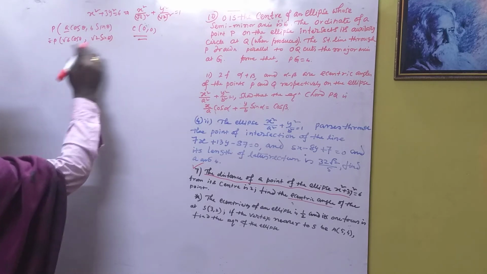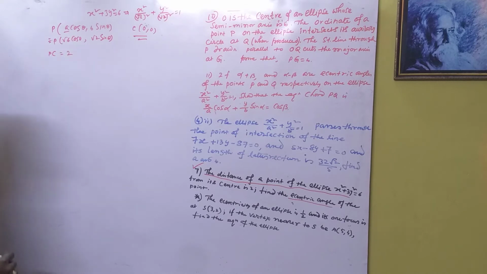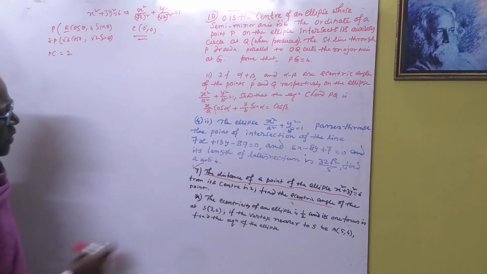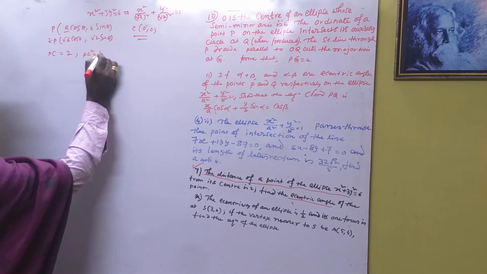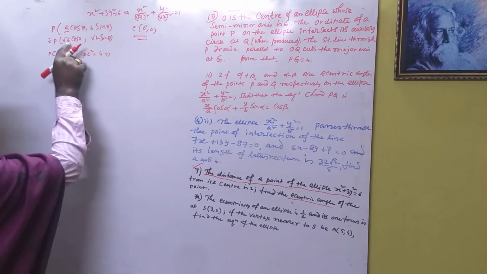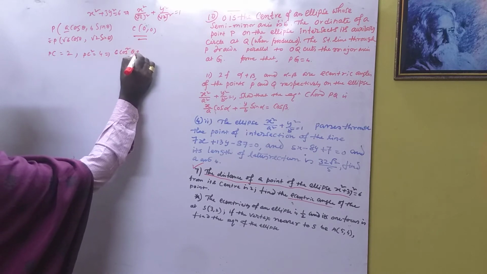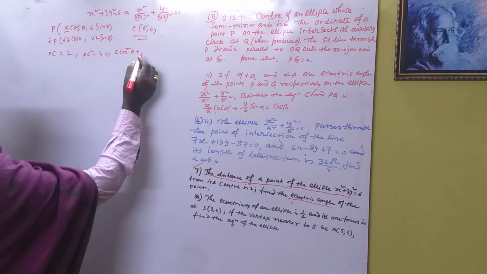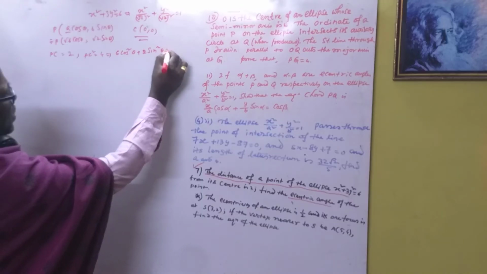So from the distance between 2 points, that is PC, we have been given that PC is equal to 2. The distance from the center is 2, so PC square is equal to 4. So x2 minus x1 whole square, that is 6 cos square theta, plus y2 minus y1 whole square, that is 2 sin square theta, is equal to 4.